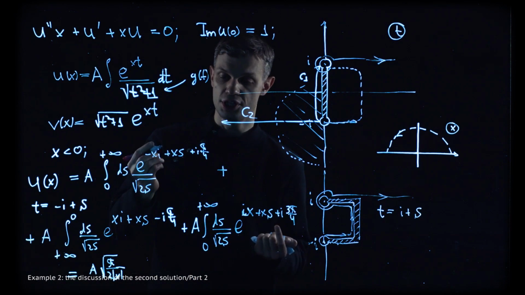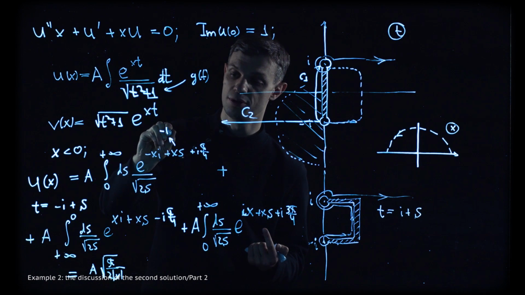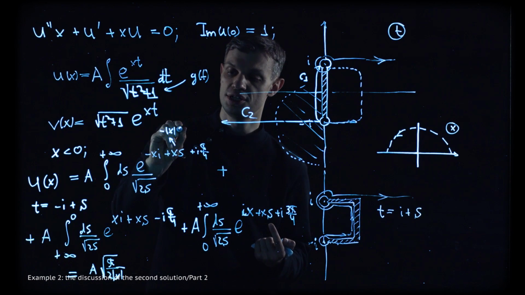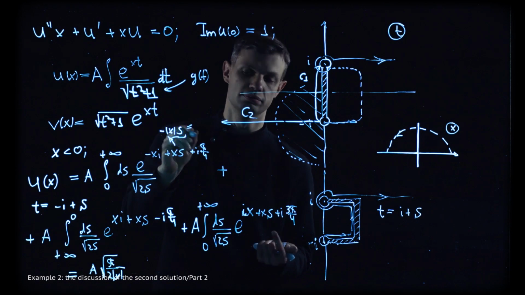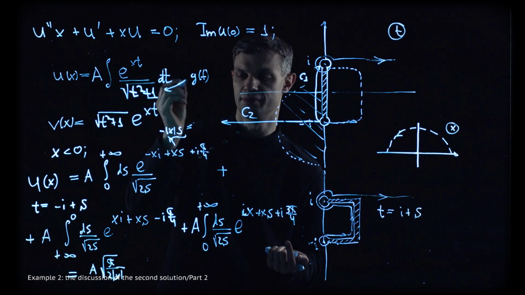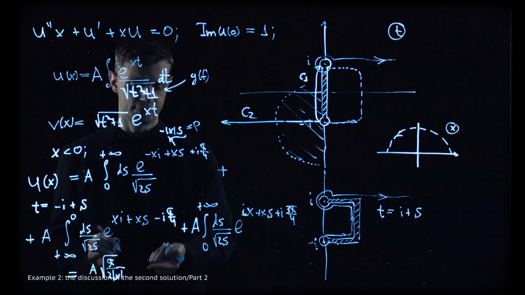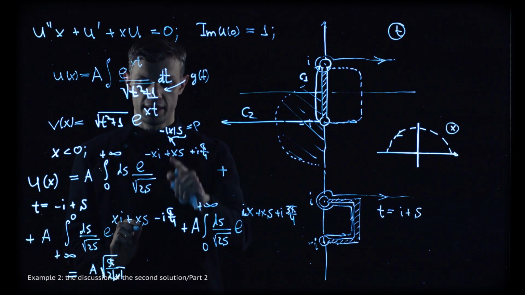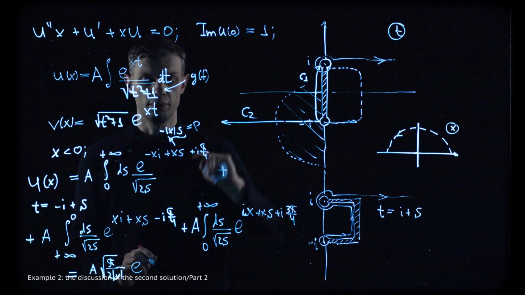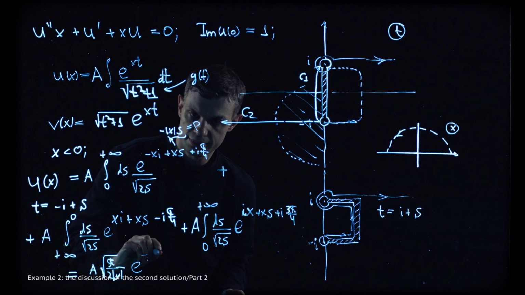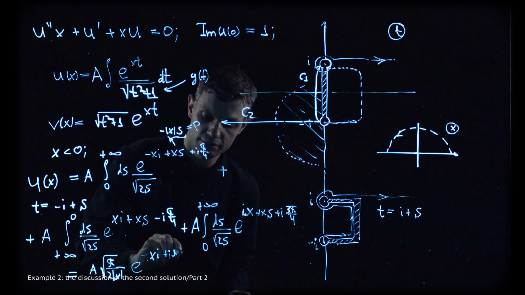Indeed, because the correct change of the variables would be, since this x is in fact minus modulus x, then you just change the variables. Modulus of xs is equal to, I don't know, p, for example. And then you get this modulus x in the denominator. All right, so here is the contribution from the lower branch point, which is minus xi plus I pi by 4.